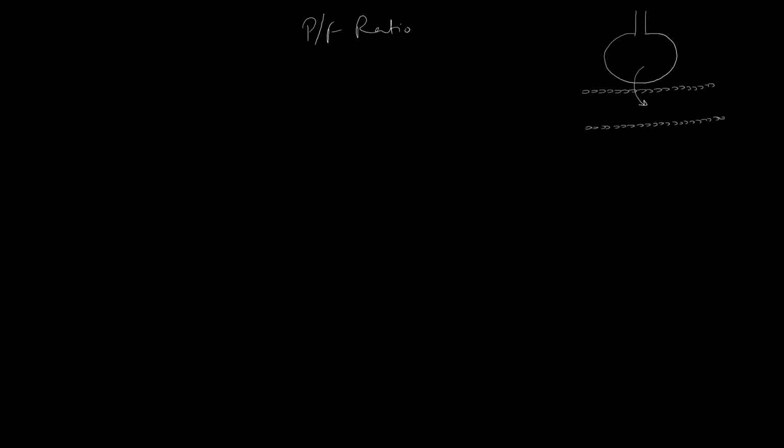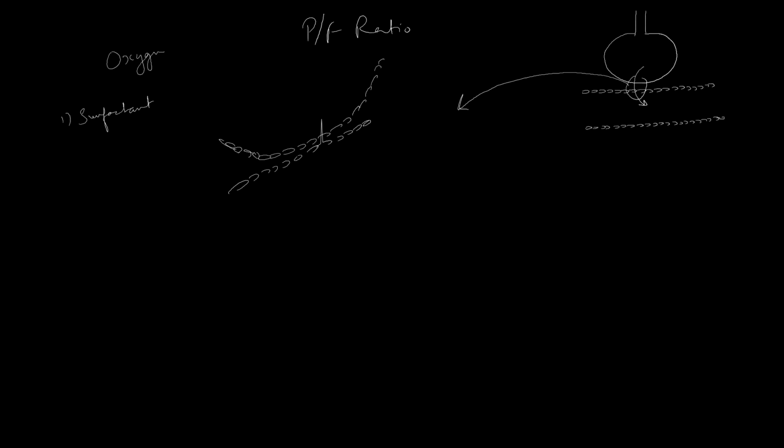But there's more than meets the eye going on over here. Oxygen has to travel through first surfactant. So if I blow this up over here, we have the alveolus, and we have the capillary.